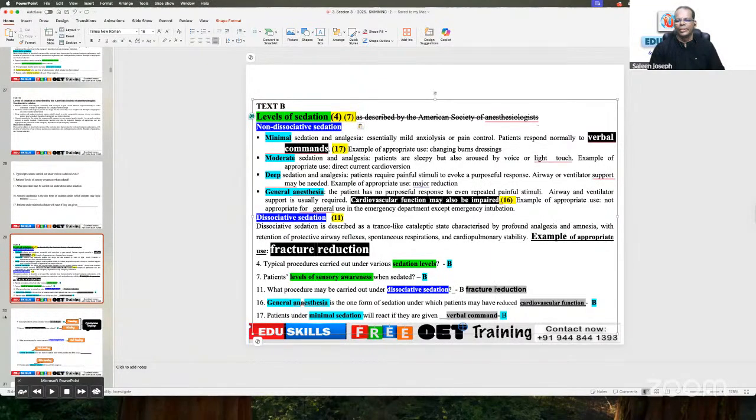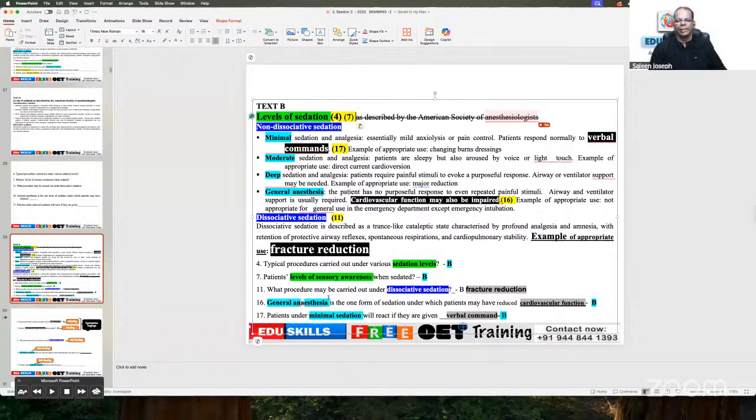Then you have procedure may be carried out under dissociative sedation. Immediately you know you have to come here. Where you find the answer is under this side heading. Dissociative sedation is described as soon as they say it is described, that's a description of this particular dissociative sedation. So until that full stop you will not have the answer because they are not asking for a description.